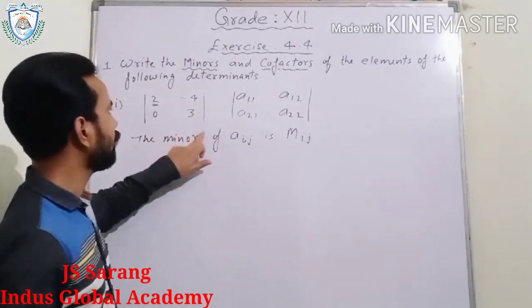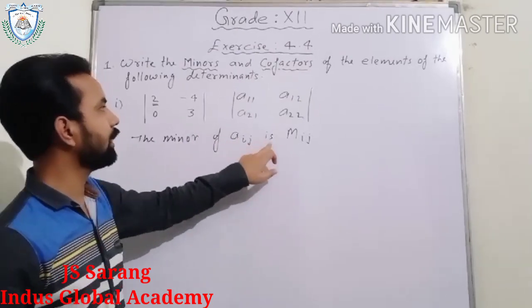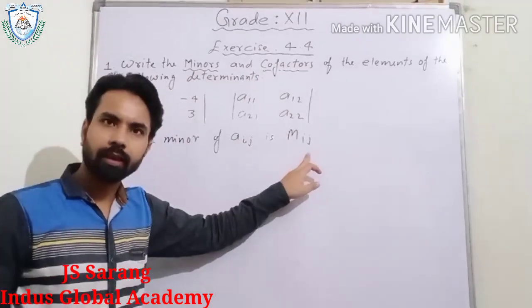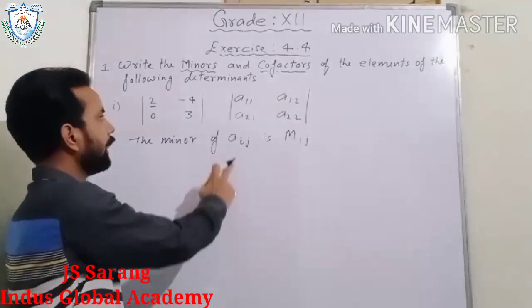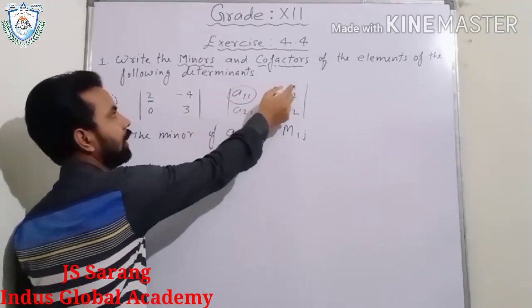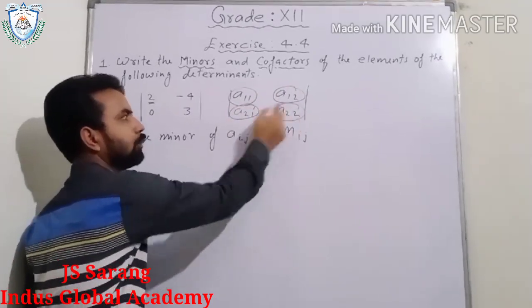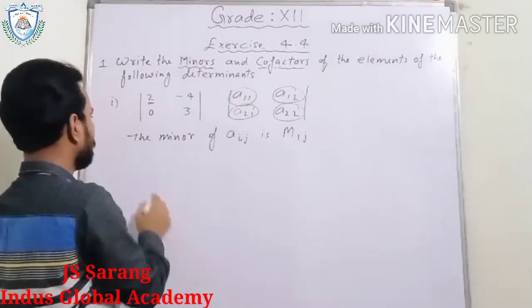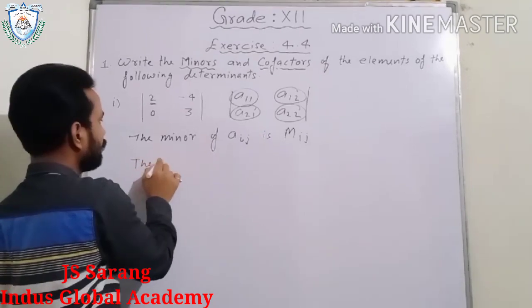So the minor of Aij element is denoted as Mij. Understood? So see, what are the elements of this determinant? A11, A12, A21 and A22. Clear?